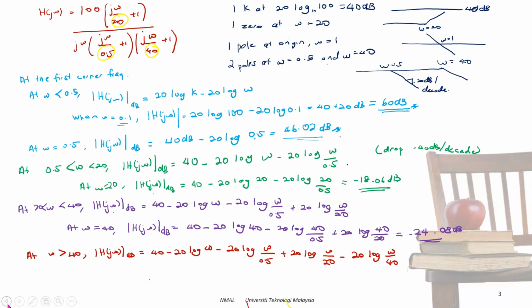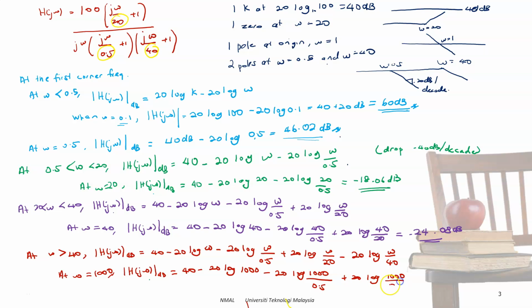So at omega equal to 1000, we replace the value of omega. |H(jω)| in dB should be 40 minus 20 log 1000 minus 20 log 1000 divided by 0.5, and then plus 20 log 1000 divided by 20 minus 20 log 1000 divided by 40.